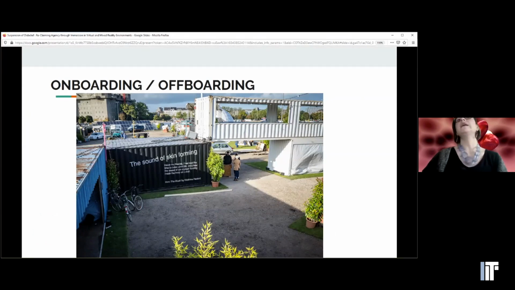So how do we... one of the most important parts of how to immerse people in VR is the onboarding and offboarding part.